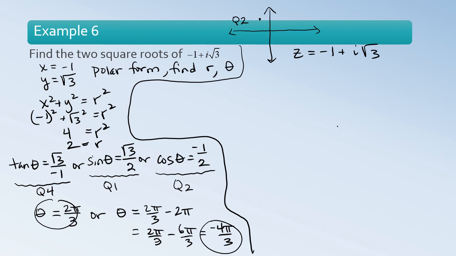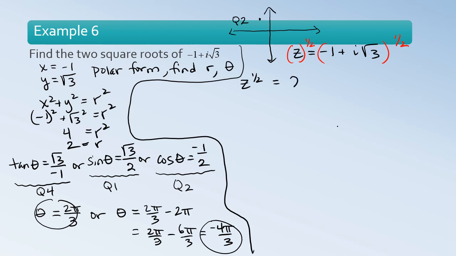If I want to take that to the 1/2 power, it's going to look something like this. Now z to the 1/2 power, I'm going to rewrite the rectangular form in r times e to the I theta.